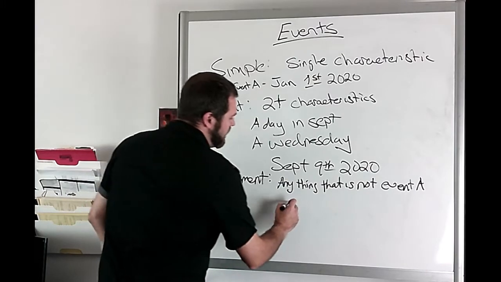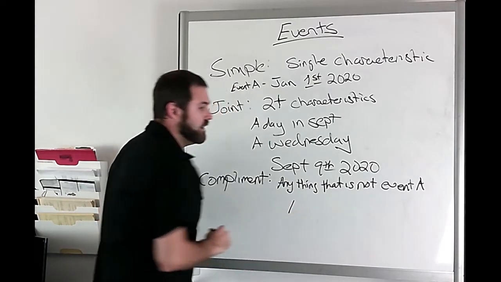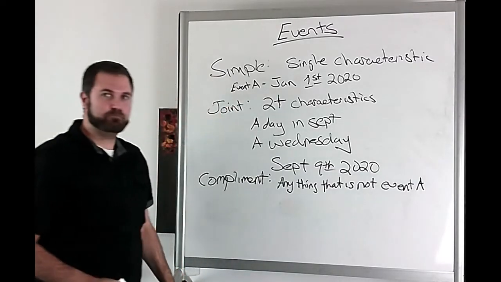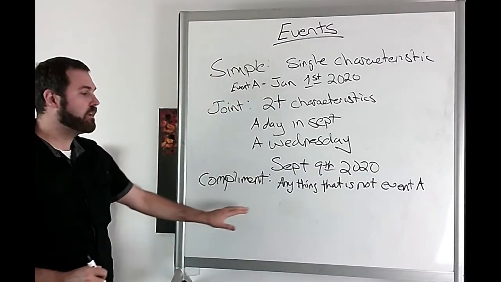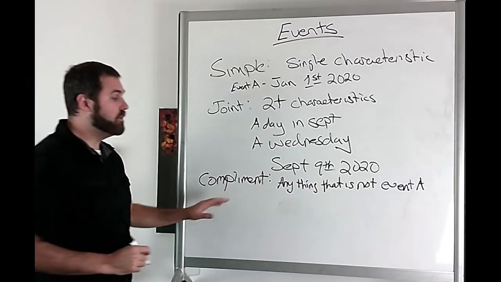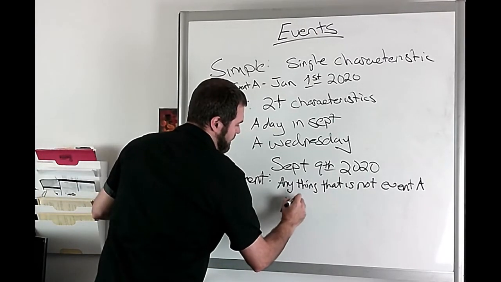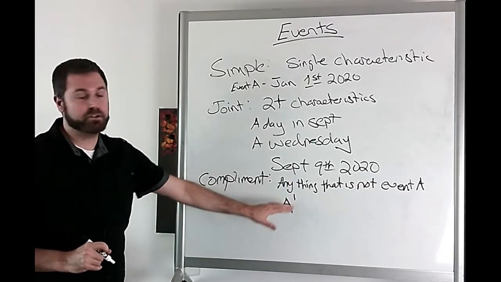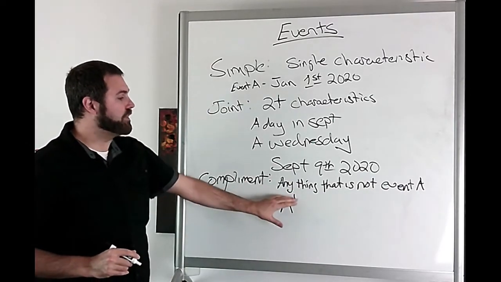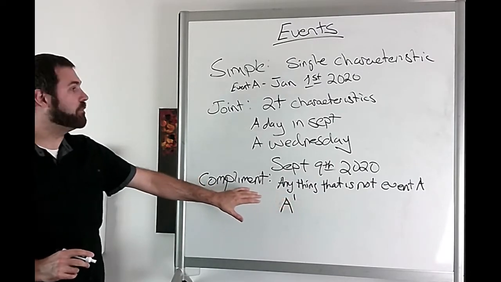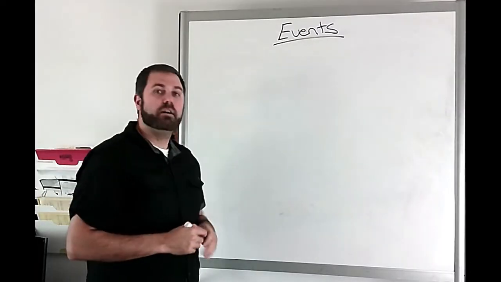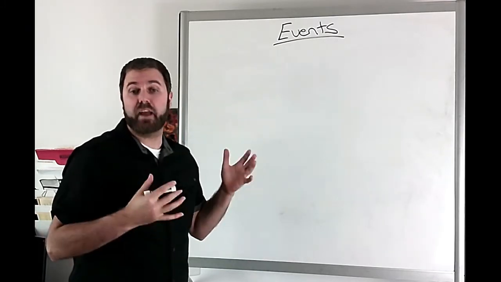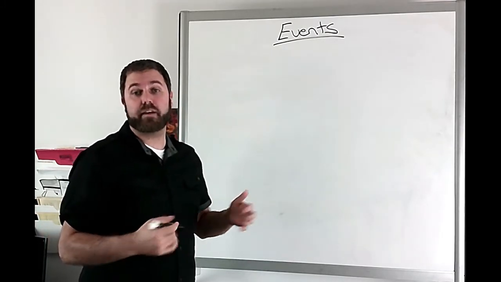So the complement is denoted by A apostrophe or B apostrophe or anything with the apostrophe afterwards. The next thing we're going to look at for events is mutually exclusive and collectively exhaustive events.